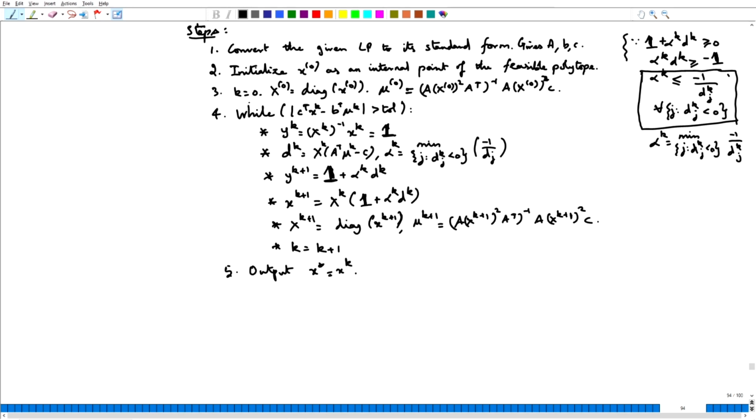So k equal to 0 is fine. This diagonal matrix is something that is very important for this method. This was not there in any of the methods discussed earlier.